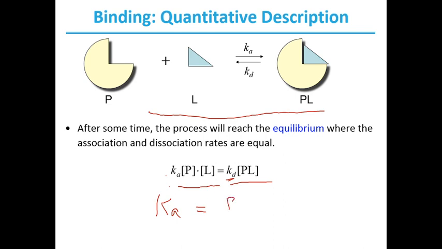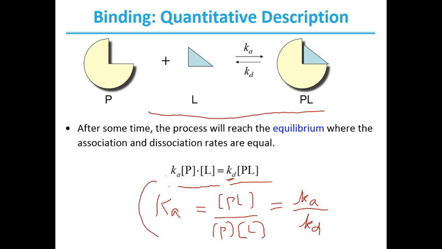And big Ka is equal to the concentration of PL divided by concentration of P times concentration of L. This can also be equal to the ratio of small ka and small kd. So the equilibrium constant depends on the individual rate constants. So that is how we break down the rate constant.